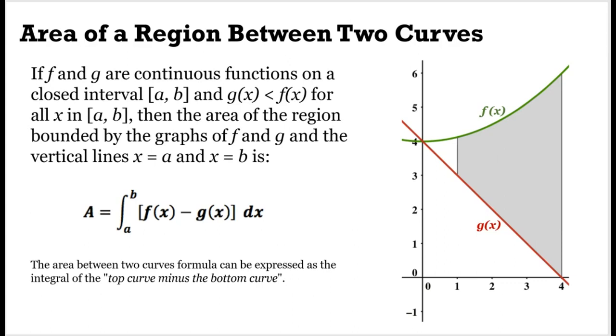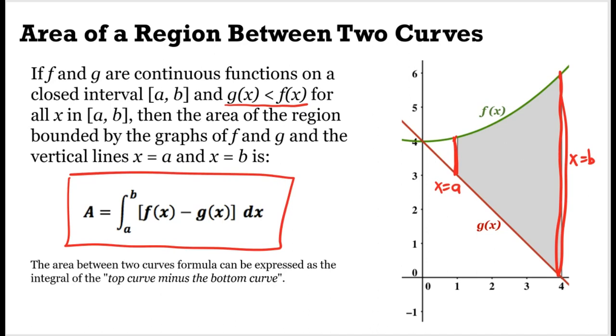So area of a region between two curves: if f and g are continuous functions on the closed interval [a, b], and g of x is less than f of x for all x in the interval, then the area of the region bound by the graphs of f and g and the vertical lines x equals a and x equals b is given by this formula.